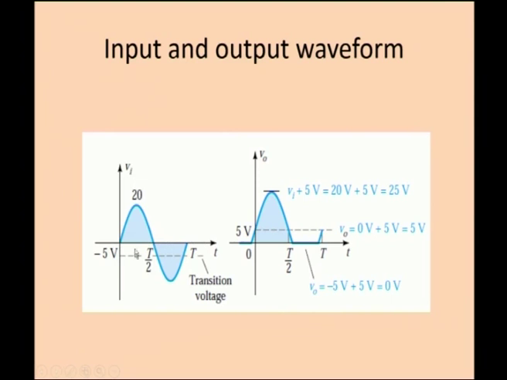So, in the same equation if you substitute, this is 0 plus 5 volt, that is 5 volt, and so the output is shifted from 0 to 5 volt. After which, for these negative values the output is 0, because V naught is equal to minus 5 volt plus 5 volt, it will become 0.